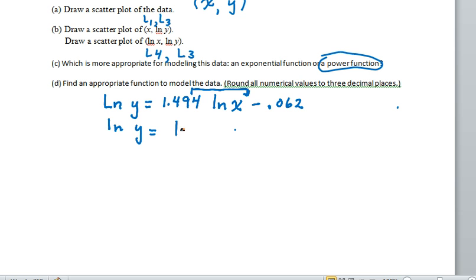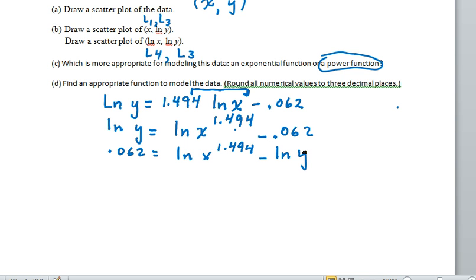So we'll have natural log of x to the 1.494 minus 0.062. Now we're going to add the 0.062 to both sides and subtract the natural log of y, which will give us 0.062 equals the natural log of x to the 1.494 minus natural log of y.